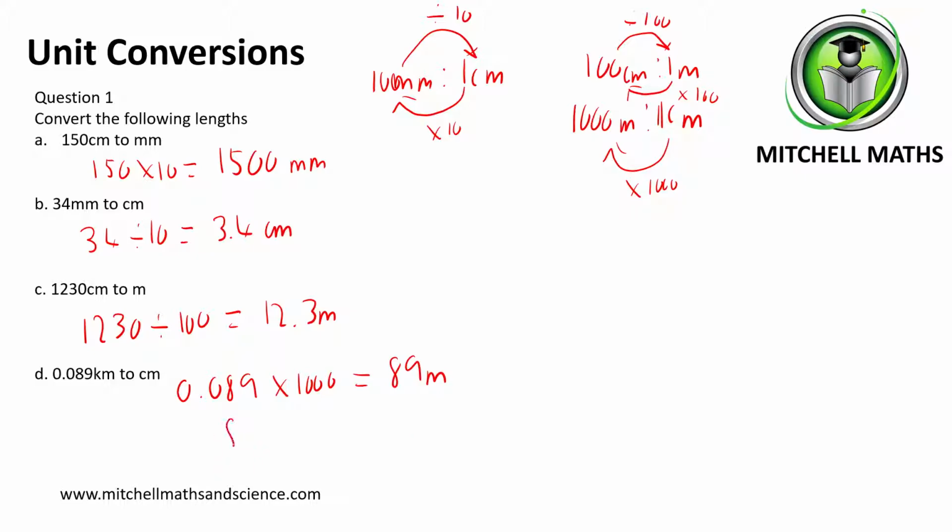And then, because you're going from metres now to centimetres, you're going to need to times by 100. And that will get you 8,900 centimetres. That's how to do a 2-step one. You could do it in 1 step. You could times by 100,000, but you can also do it in 2 steps if that's easier. Possibly less likely to make mistakes.